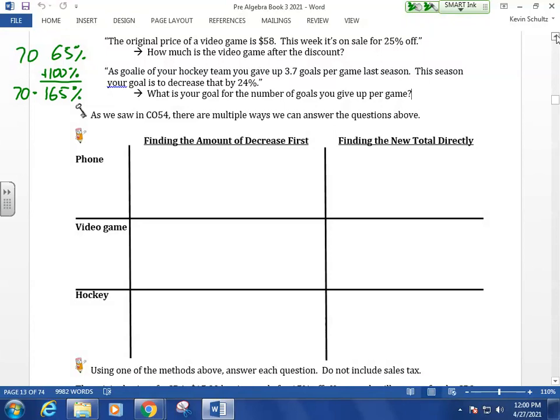Right? That 100% gave us the original 70 back, and we're increasing that by 65%, which is as a decimal. The actual calculation you would do in your calculator is 70 times 1.65, 165% as a decimal.